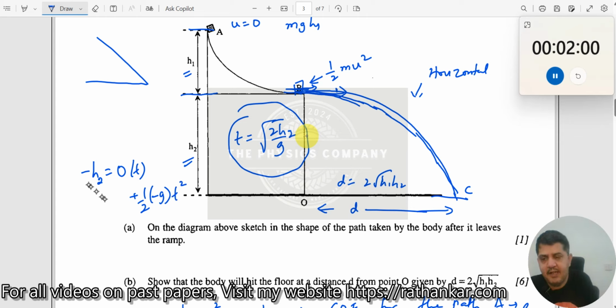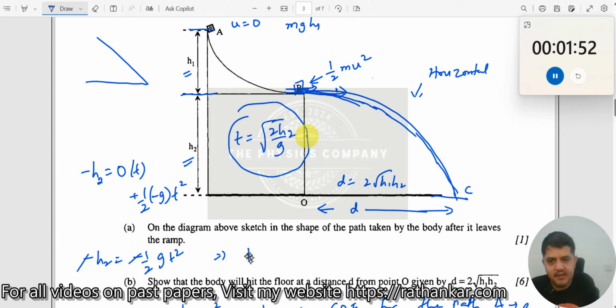So minus h2 is equal to minus half gt square, the negative goes away. This implies t square is equal to 2h2 by g, or t is equal to square root of 2h2 by g. So you got this value.